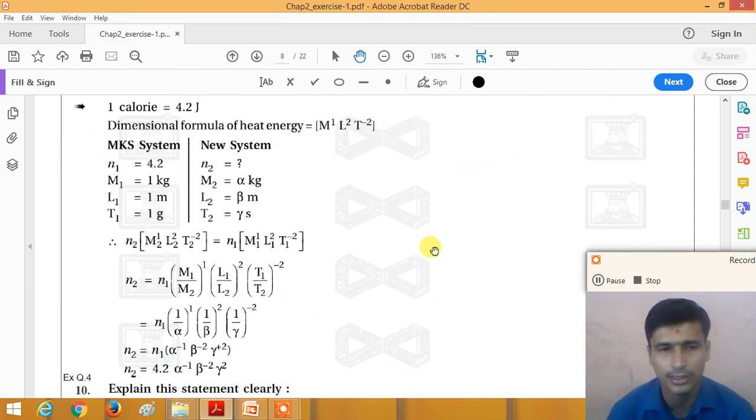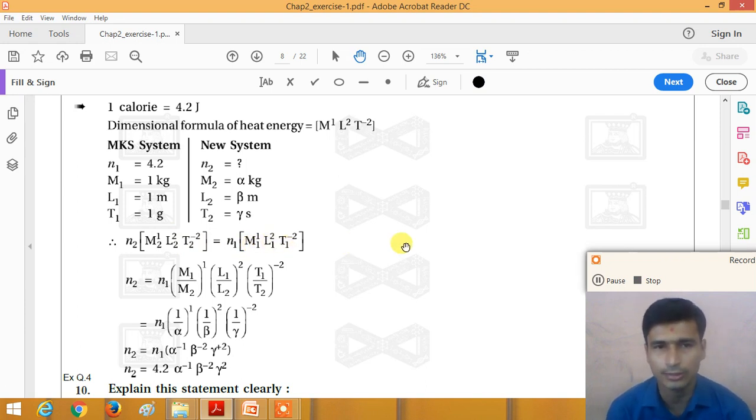Now what is the relation? N2 into dimensional formula of energy in the new system is equal to N1 into dimensional formula of energy in the old system. So N2 into M2 raised to 1, L2 raised to 2 and T2 raised to minus 2 is equal to N1 into M1 L1 squared T1 raised to minus 2, right?